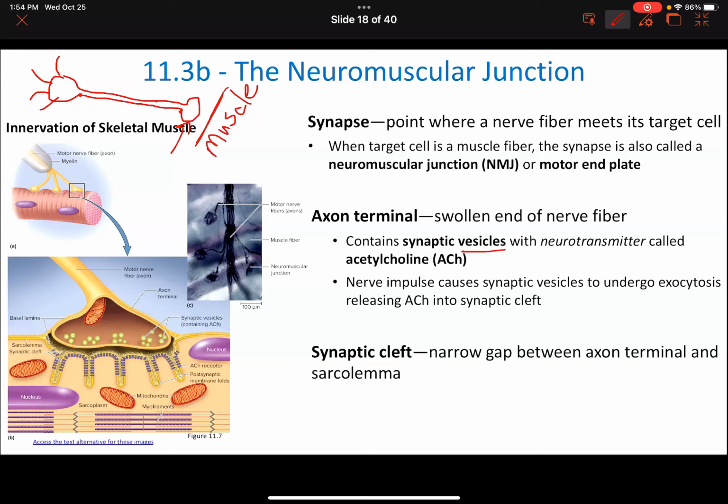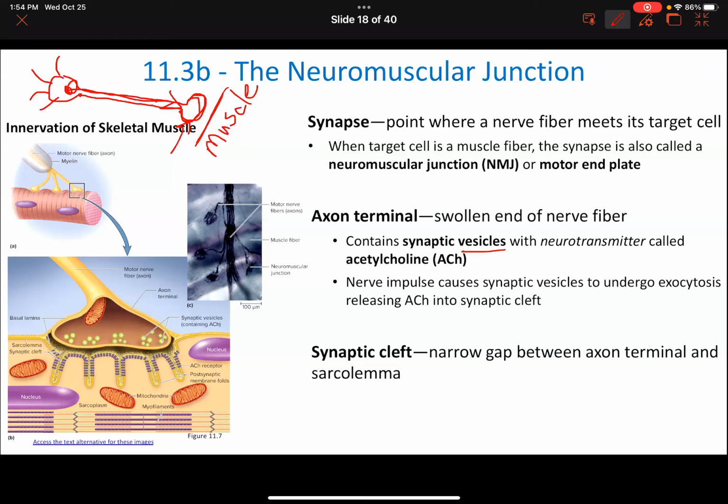A nerve impulse that originates here in the cell body is going to travel down the axon. It's going to depolarize the membrane, making it more positive, and it's going to cause those synaptic vesicles to fuse with the axon terminal membrane and exocytose that acetylcholine into the synapse.